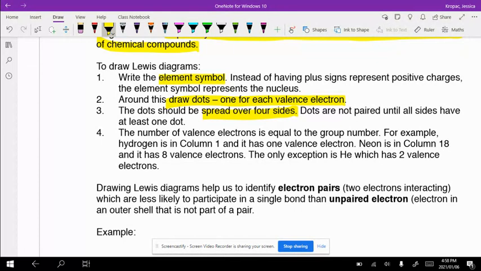Now, just a reminder of how to figure out the number of valence electrons. You could do it the long way. You could draw a Bohr-Rutherford diagram first, and then count the number of electrons on the outside. Or you could remember the useful hack that column 1 has 1 valence electron, column 2 has 2 valence electrons, 13 has 3, 14 has 4, 15 has 5, 16 has 6, 17 has 7, and column 18 has 8 valence electrons.